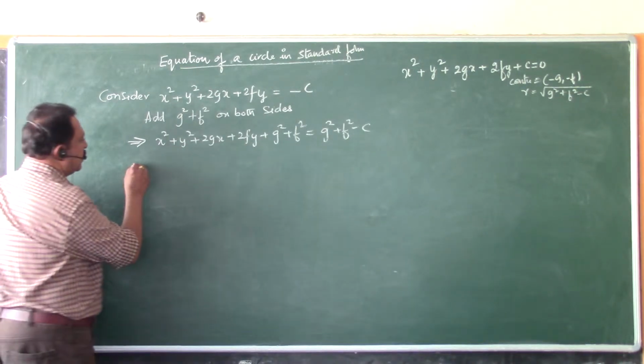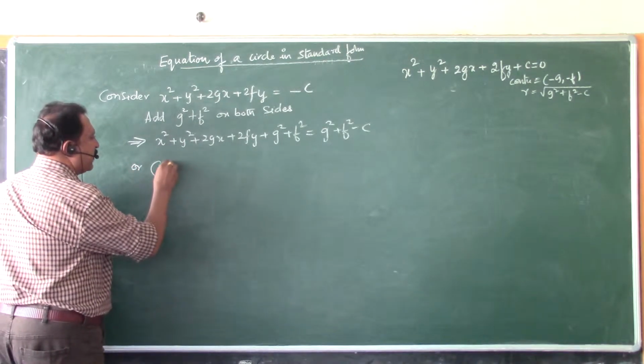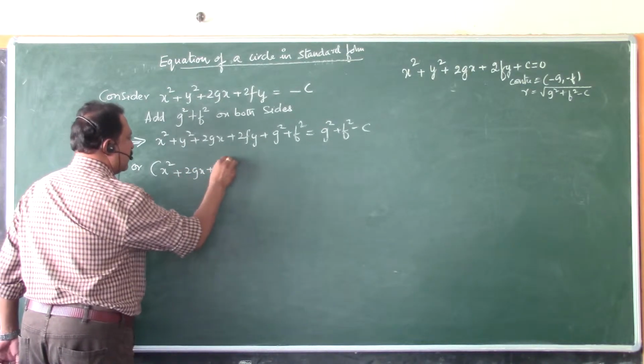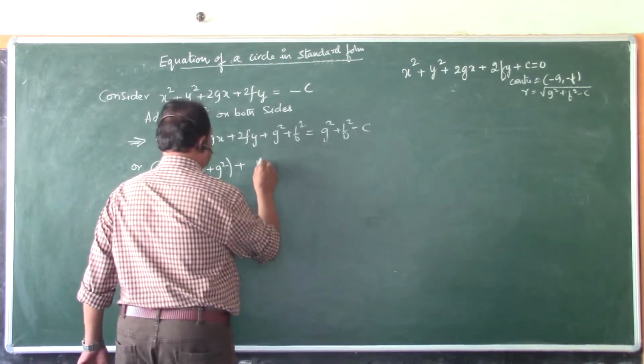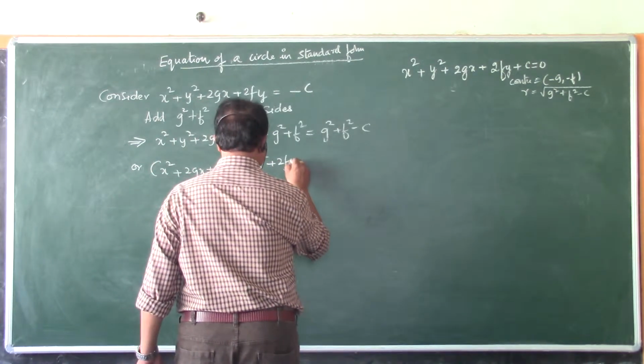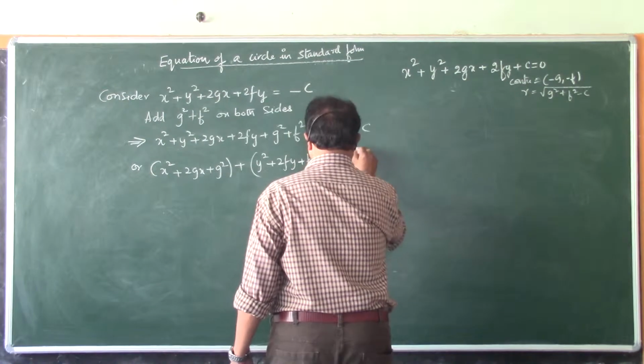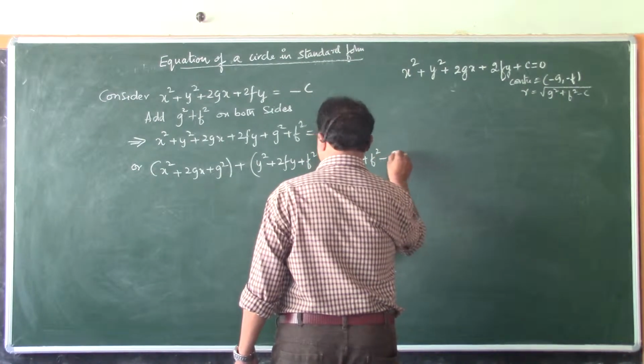Now let me make a group: x square plus 2gx plus g square as one group, plus y square plus 2fy plus f square as another group, and the RHS is g square plus f square minus c.